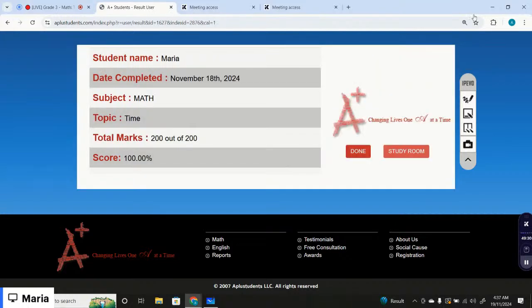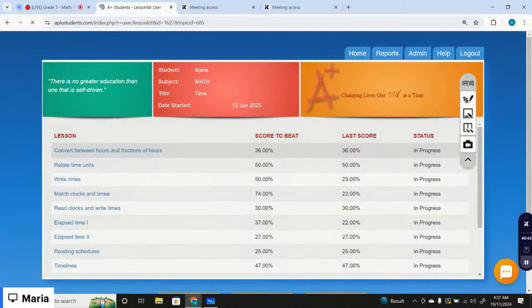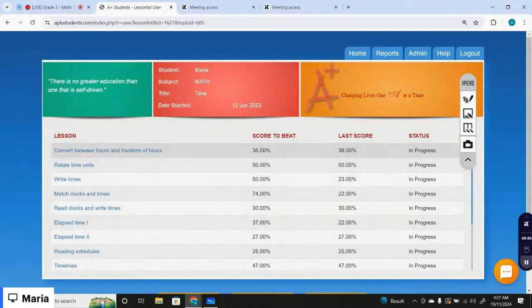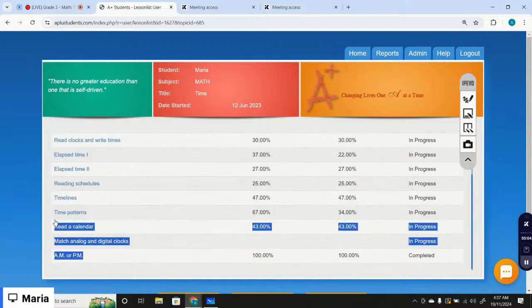Okay, we are done with the lesson. So if you have any questions from the chapter, please ask. I'm here to answer all your questions and confusions if you have any. So we were working on the chapter time. The lessons we have covered from the chapter are time patterns, read a calendar, AM or PM.